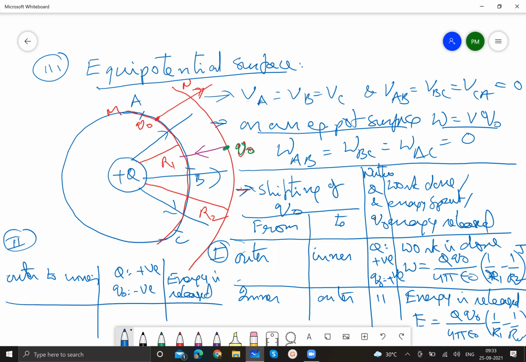Next, inner to outer, same. Capital Q is positive and Q naught is negative. So work is done or energy is spent. This is only called excitation of electrons. So the best example for the concentric equipotential surfaces is nothing but the orbitals of the atom.